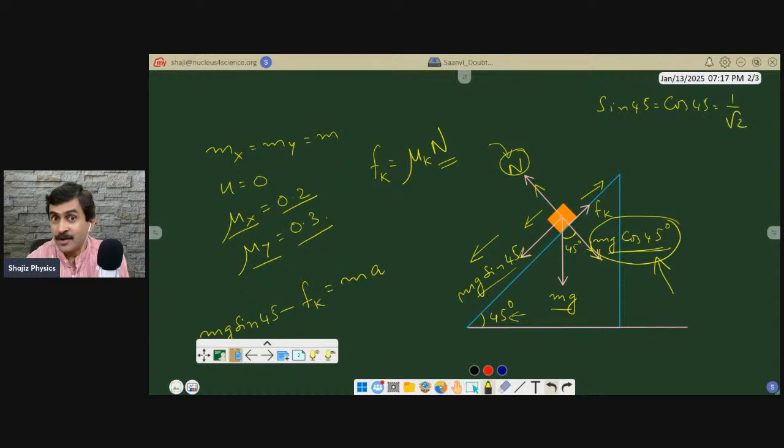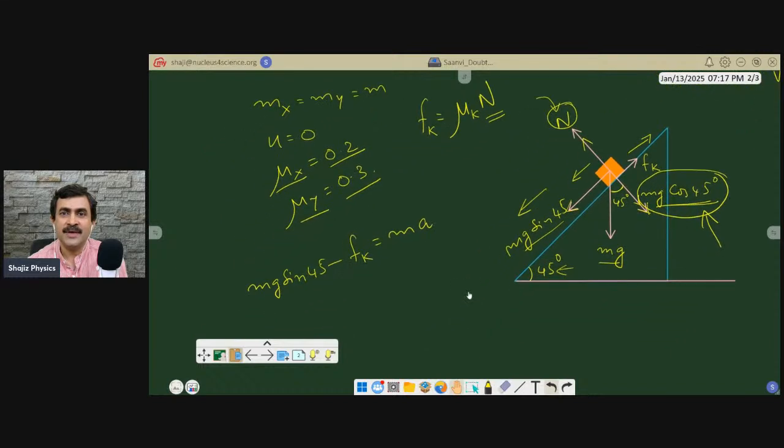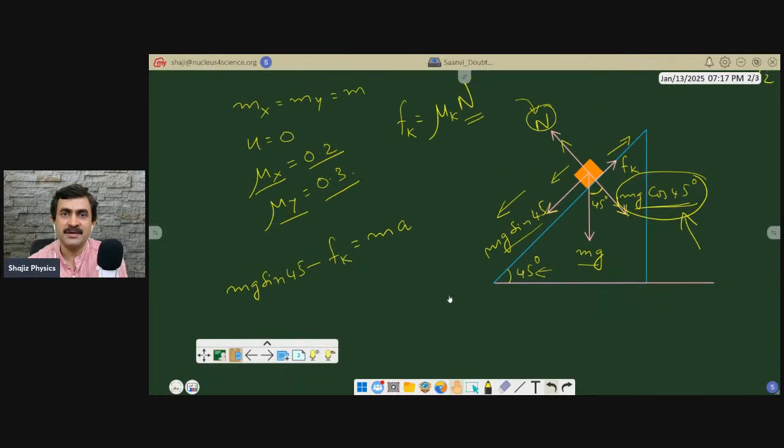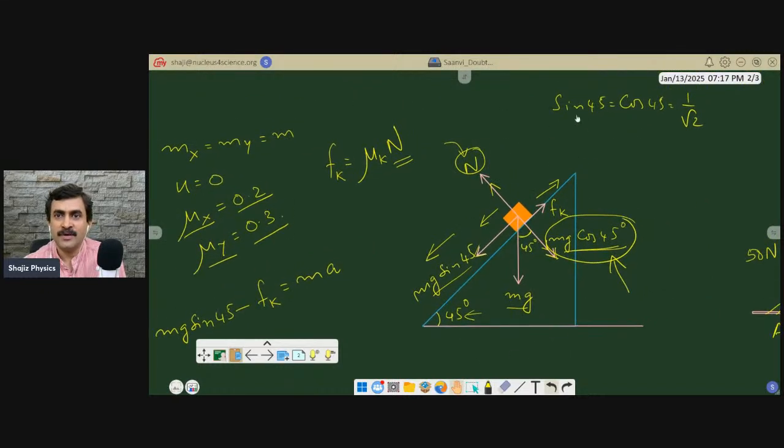This is a trigonometric identity. We want to know this in this particular context. Now we shall put in these substitutions. What substitutions do we need at this point? The first one is that sine 45 is equal to cos 45 is equal to 1 by root 2.